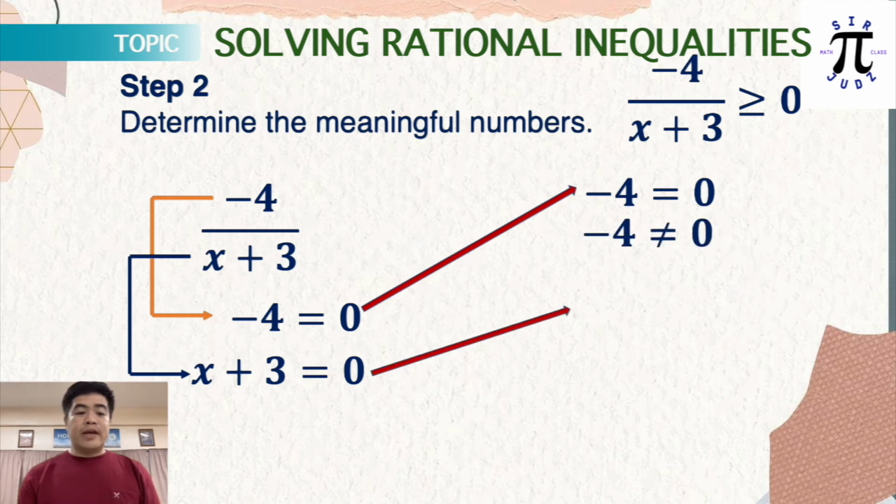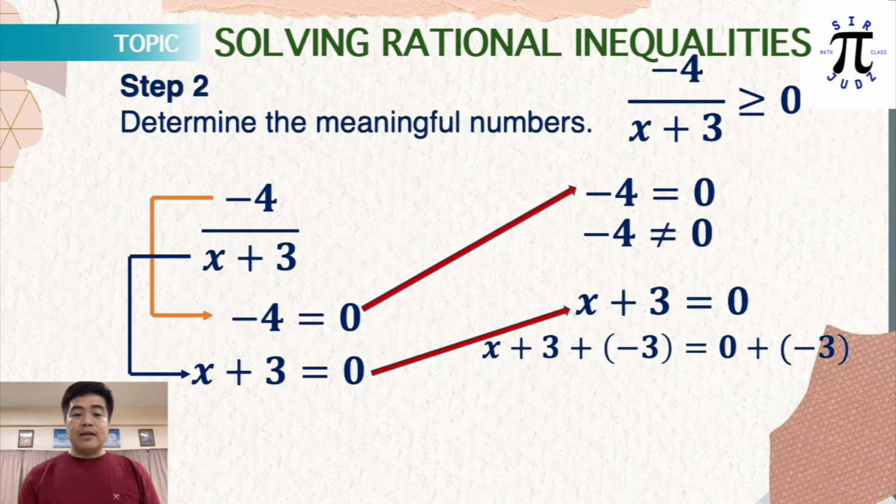And our denominator x plus 3 equal to 0. We're going to solve for x by adding both sides of the equation with the opposite of the constant term. We will isolate the variable. So, add negative 3 on both sides of the equation. So, you have x equals negative 3. Negative 3 is the meaningful number.